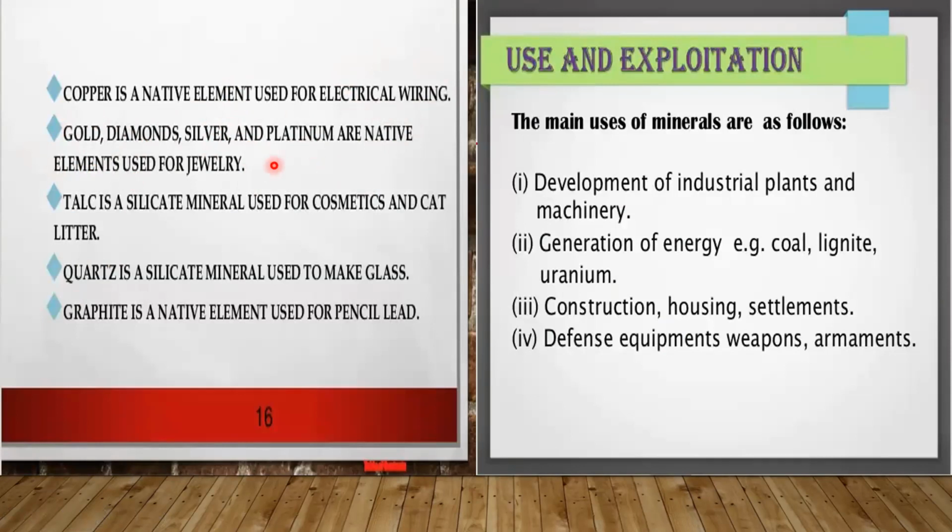A native element is nothing but an element which is directly obtained in the earth's crust. It won't be mixed with any other elemental composition. It is in pure form, with no need of any refinery for the extraction of the mineral.